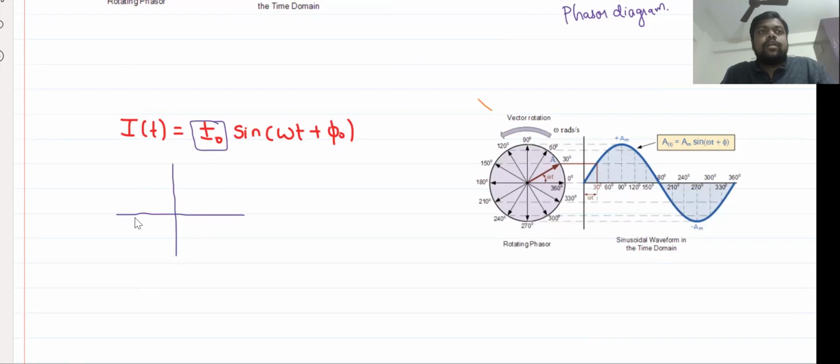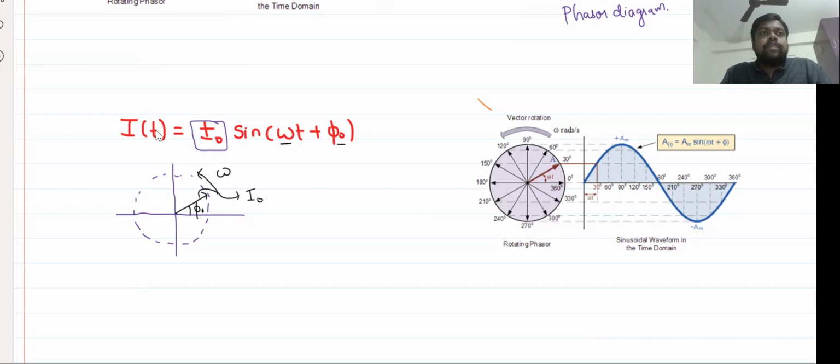So you can draw the circle of I naught, and its initial phase is phi naught. Somewhere here you can take the initial phase phi naught, and this is moving with angular velocity omega. So you can represent it like this. It's moving with angular velocity omega, and the length of this arrow will be I naught. That is how you can draw the phasor of current.